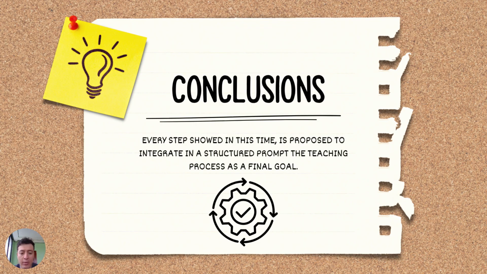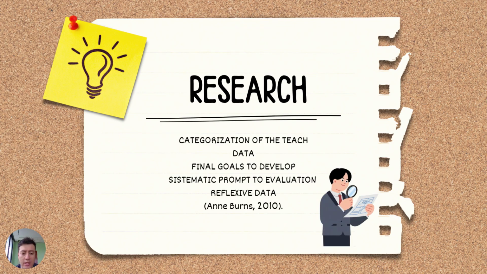For example, in this type of conclusions inside the teacher classroom, we need to chase the results in this type of topic about the research because this is a type of systematic evaluation that we chase for the students and the reflexive data that we have to take in mind inside our methodology or even the English functions that we need to use for our students inside the English classroom.